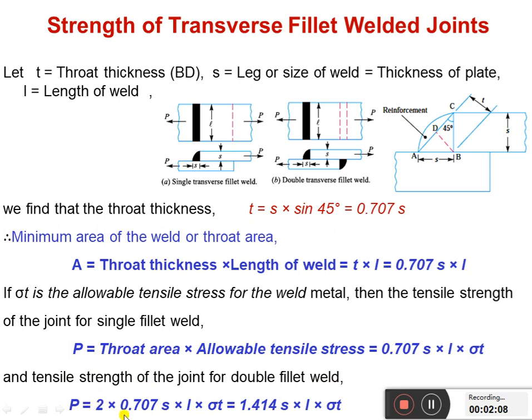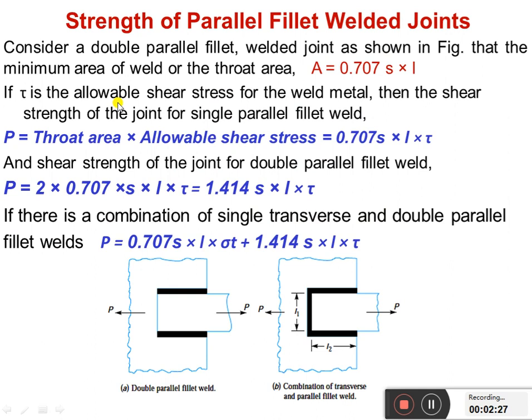So that is 2 into 0.707 into S into L into sigma T, which is equal to 1.414 S into L into sigma T. So this is double transverse fillet welded joint.